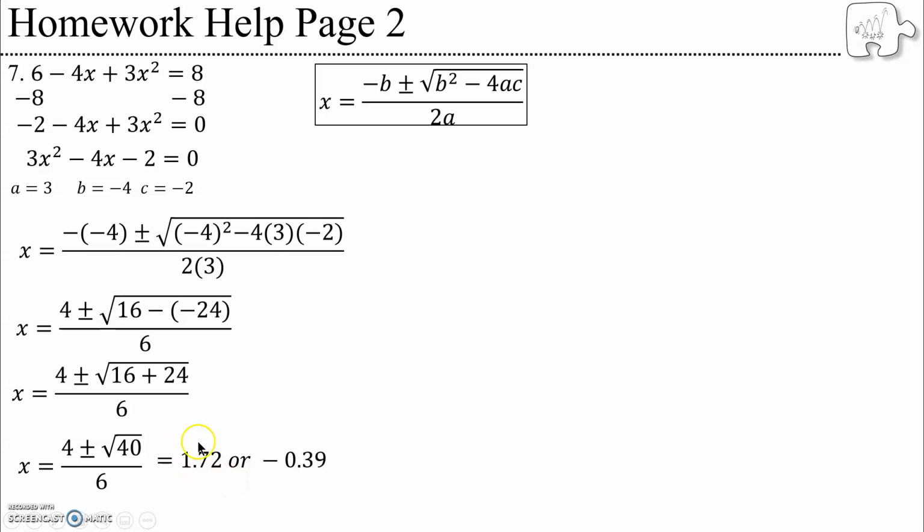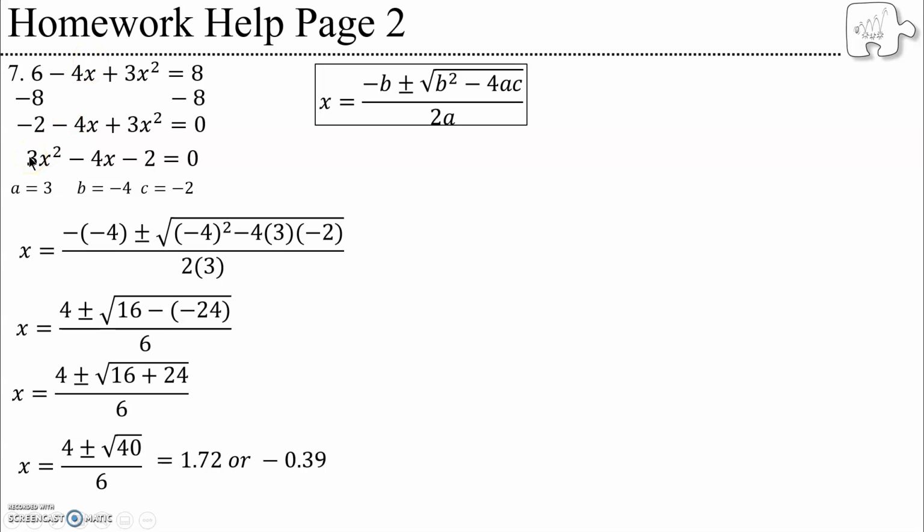So whenever we get an answer like this, you should know that you can't factor this. Using the quadratic formula is the only way you would have been able to solve this problem, other than completing the square, which we haven't done yet. The main point is that this is one of those examples where you wouldn't be able to factor it.